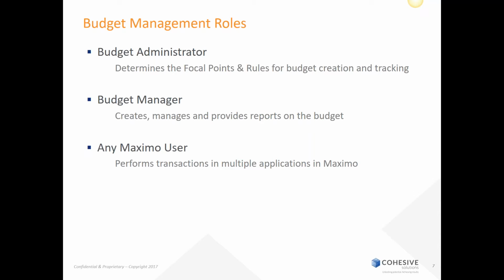And then any Maximo user, just by the fact that they're doing transactions and putting work orders in, they don't even really know the budget is being tracked, but just by the fact that they're cutting purchase orders or moving work orders to a different status or completing actuals, they're actually filling out the budget as it is exercised.